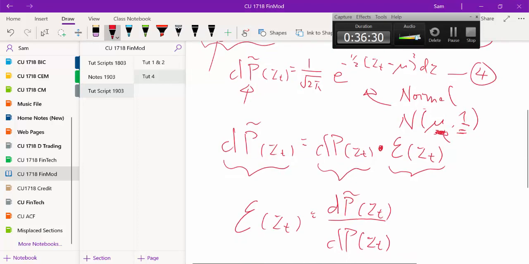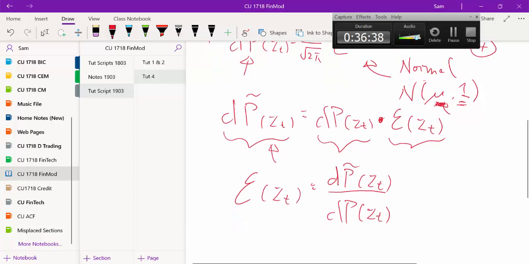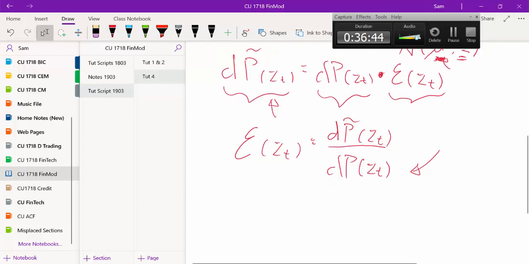I then laid out the relationship between them. It's not a very complicated one. dP tilde is equal to dP times epsilon. I then take the original dP to the other side at the bottom. Now this, ladies and gentlemen, is known as the Radon-Nikodym derivative.